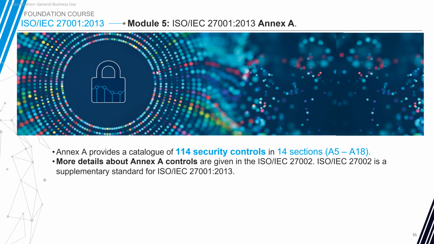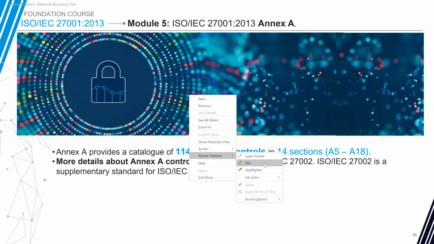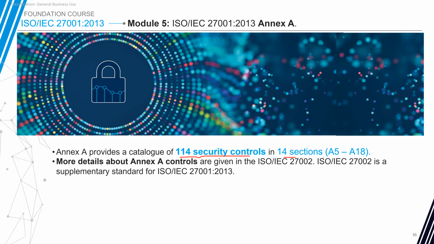In module number 5, we will cover the Annex A, which, as we mentioned, covers the controls. We have 114 controls distributed in 14 sections, starting from A5 to A18.